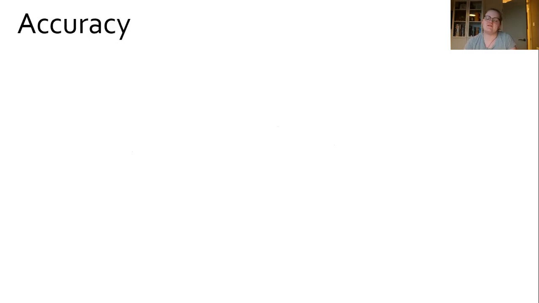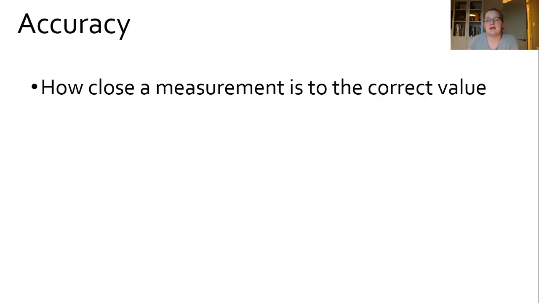And then we get to these lovely definitions that you've had at GCSE before. So we talk about accuracy. Accuracy is how close we are to the correct value. So accuracy can only happen if you know what you're looking for, which is a bit of a strange thing.